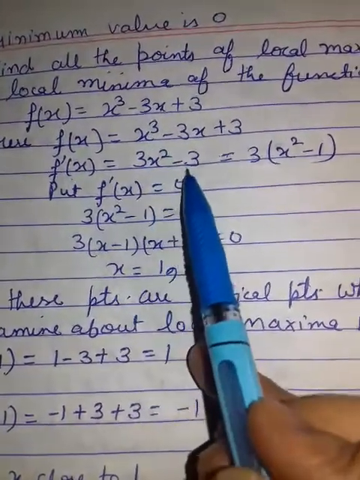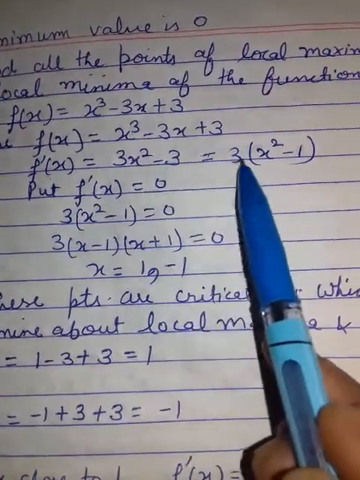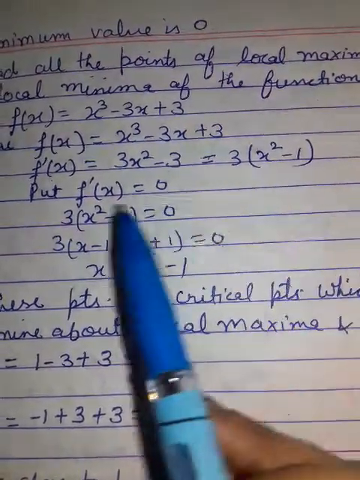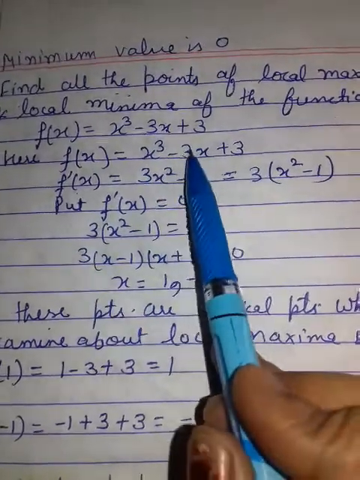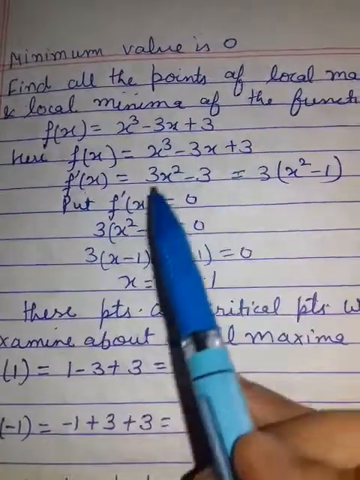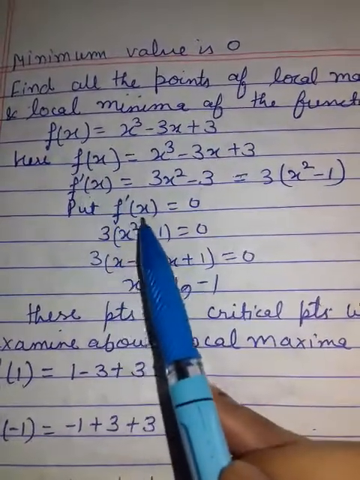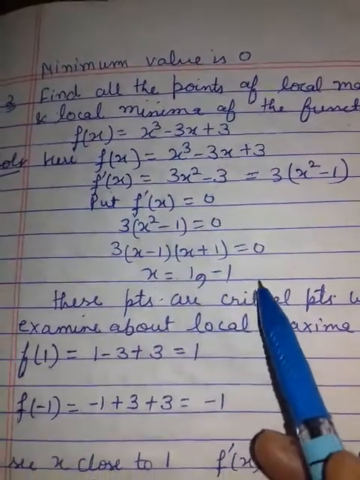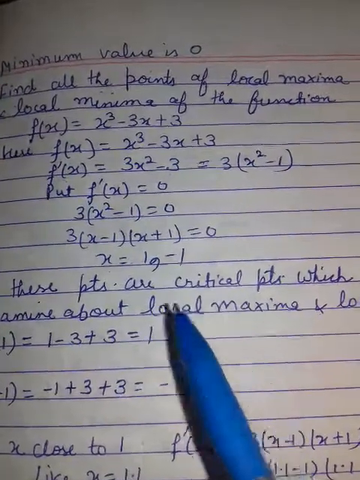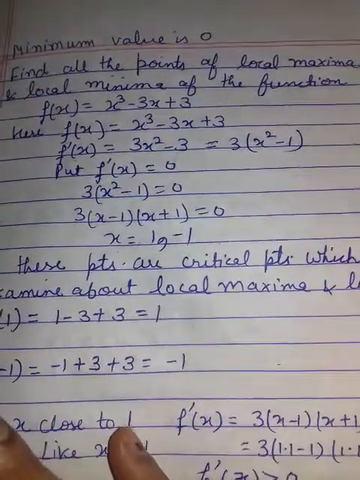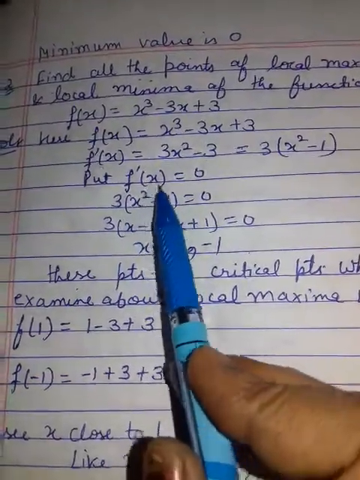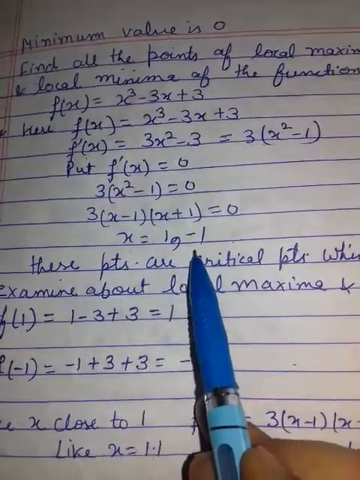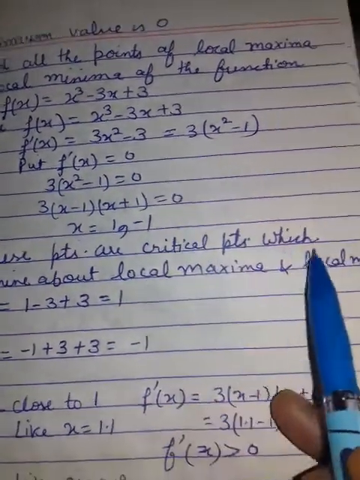I have taken its derivative and got 3 into x square minus 1. Whenever you have to find local maxima and minima, you will firstly put the derivative equal to 0. You will find the points 1 and minus 1. These points are critical points, we can say turning points.